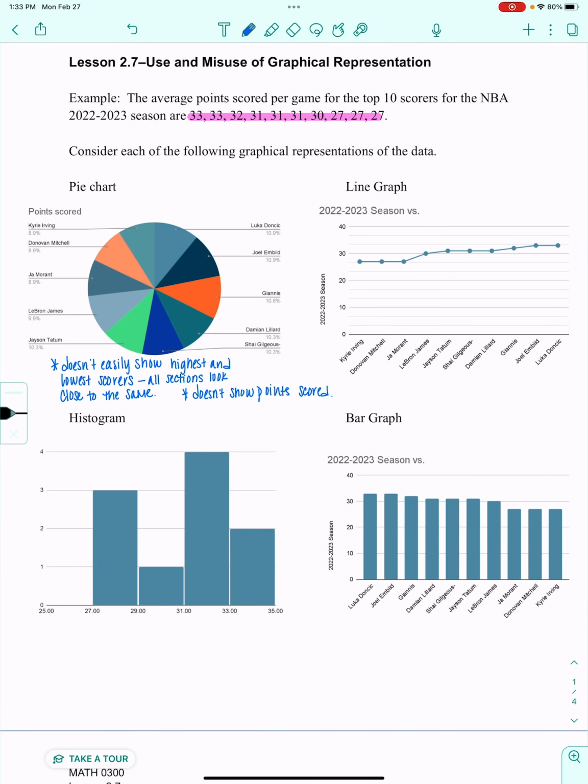It shows percentages, but percentages of what? And really, if you're looking at data about the top scorers for the NBA, you want to know how many points they scored per game. So it looks like the pie chart might not be the best representation for our situation.